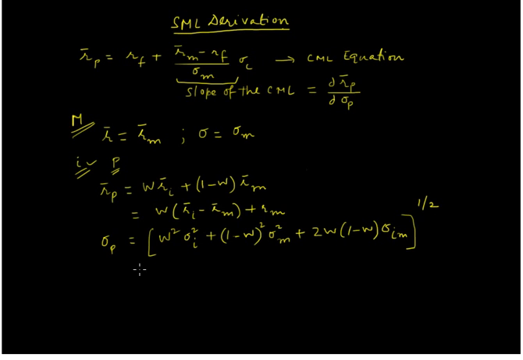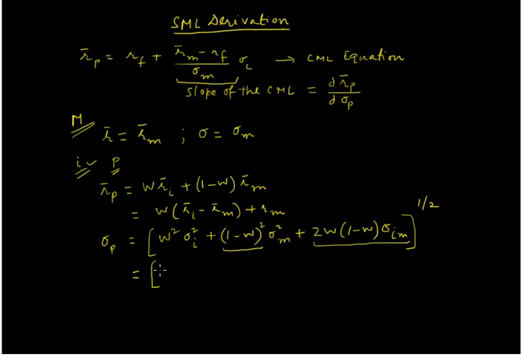We could simplify this, and we have done that in a previous video also. What we did was we opened up this square here, 1 minus W whole squared, so that would give us 1 squared plus W squared minus 2 times W, and all of that would be then multiplied with this variance of the market, and we would also multiply out these terms.